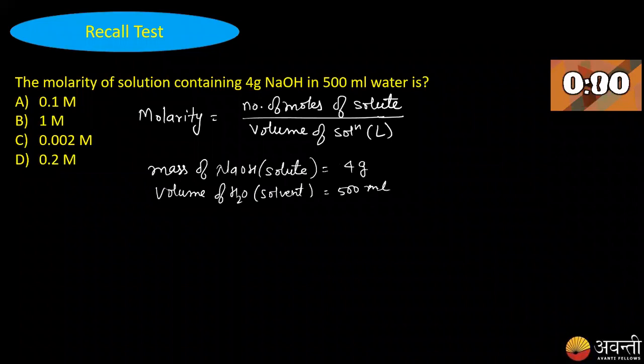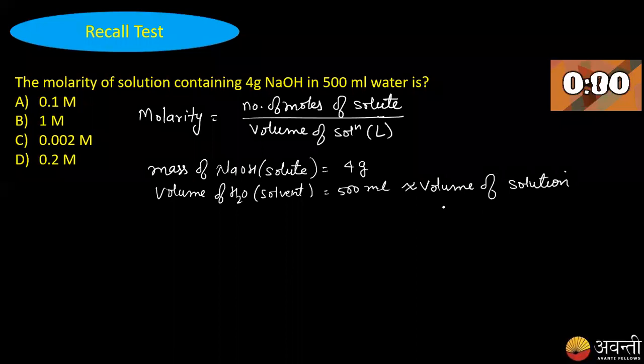Since this amount of solute is very small, we can say that the volume of water is pretty much the same as the volume of solution, because the solute is only 4 gram.